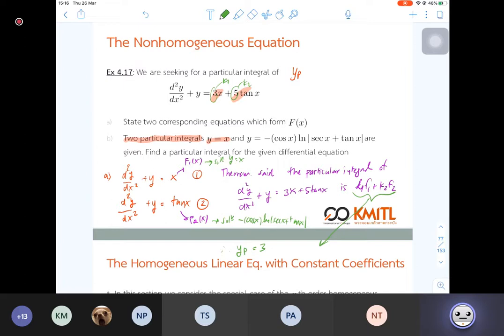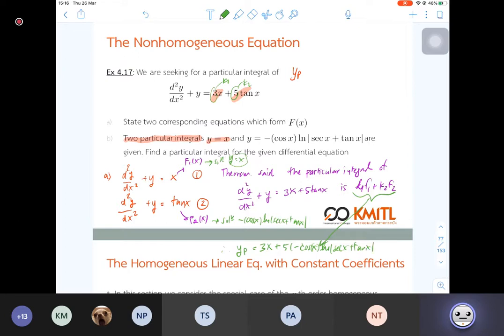So 3 times x, from the first solution, plus 5 times minus cosine of x ln of sec x plus tan x.